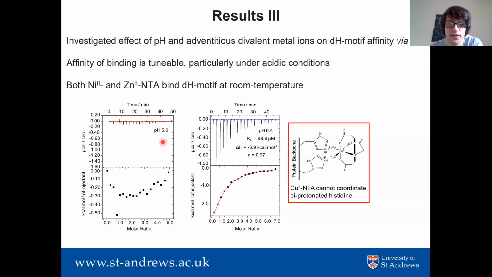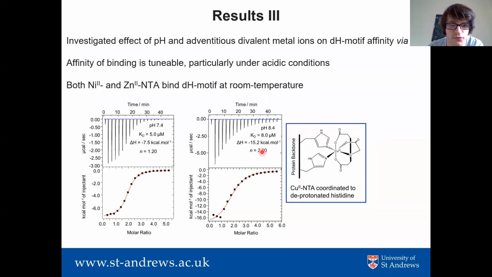To begin with the pH series, we started measuring under acidic conditions, and, as you might expect, under pH 5 conditions, we could completely ablate double histidine motif binding. And at pH 6.4, we observed a 20-fold reduction in binding affinity. This is because the histidine residues are protonated and therefore the copper chelate cannot properly coordinate.